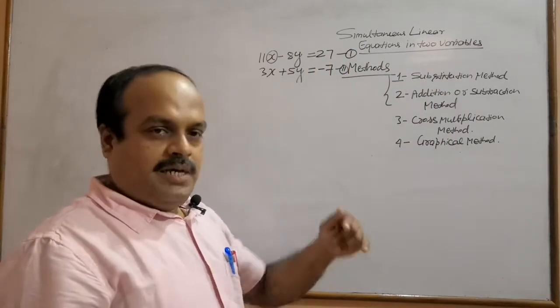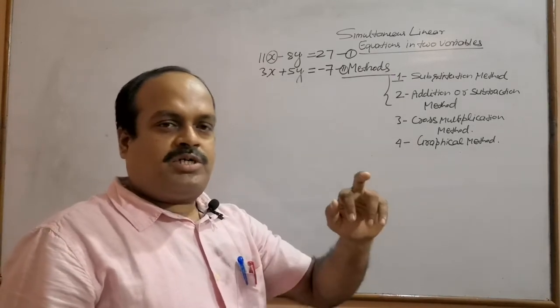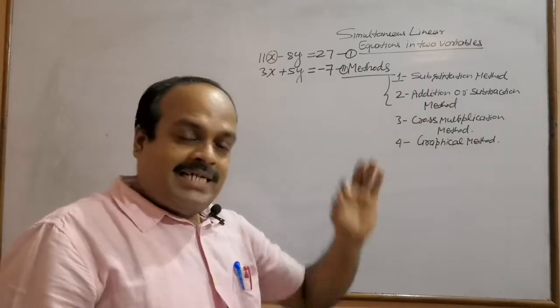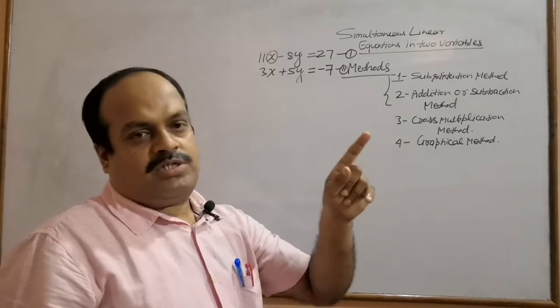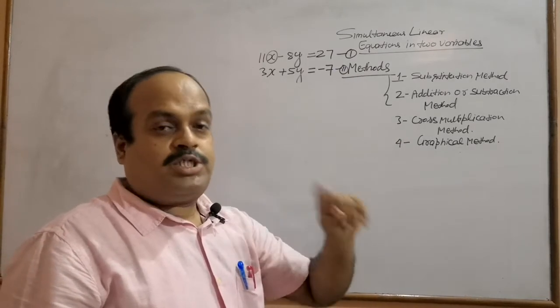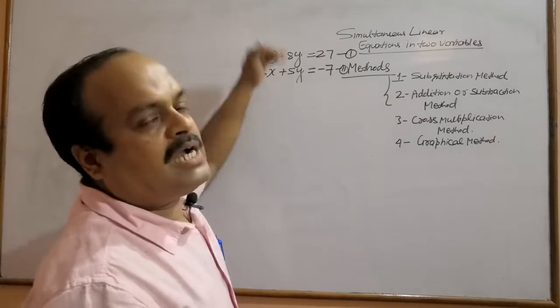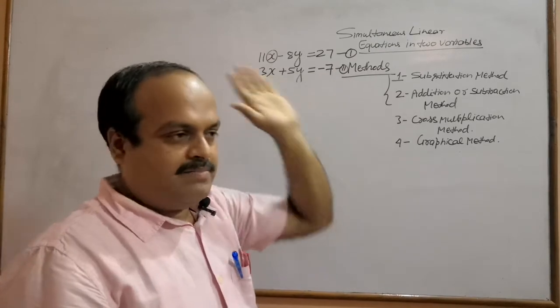I mean, if in an equation the first term is with variable x, then in the second equation also, the first term must be a term with variable x. Since the terms are already arranged, we will not waste our time.